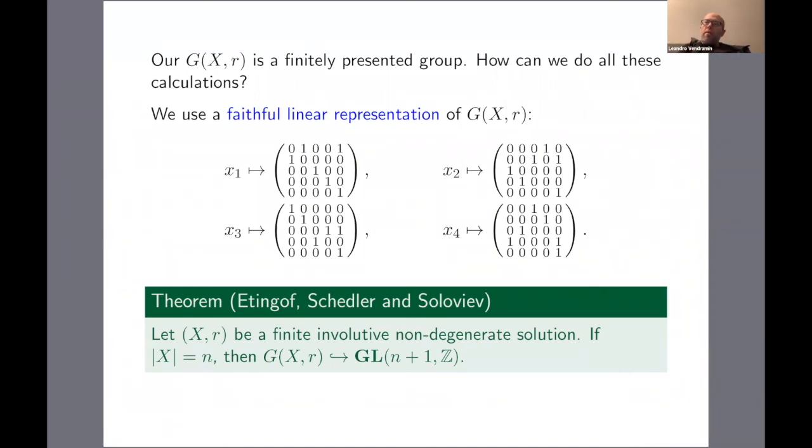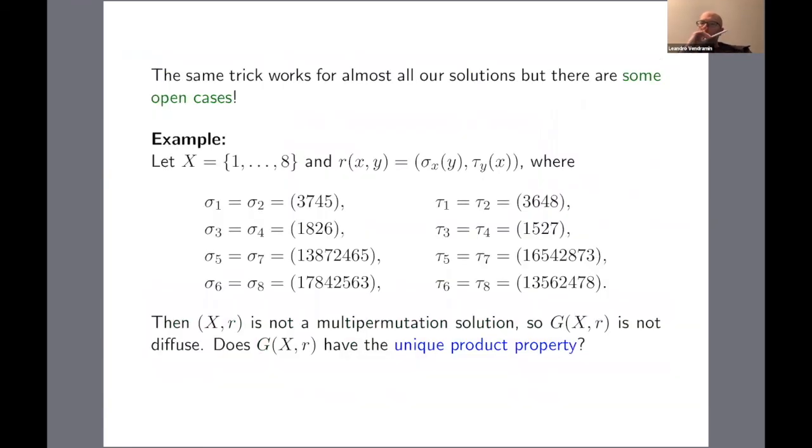And so checking that two elements are the same or not is very easy, right? Because you have matrices, so you can do this in a very easy and efficient way. But of course, the point is, can I do this for all the solutions that I have in my database? Well, kind of, but not really.